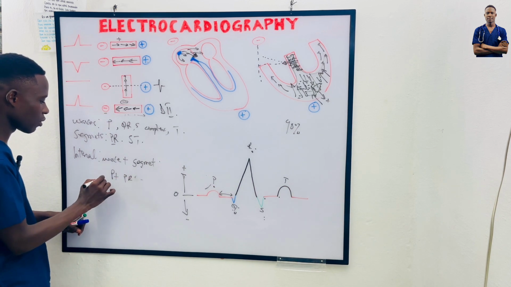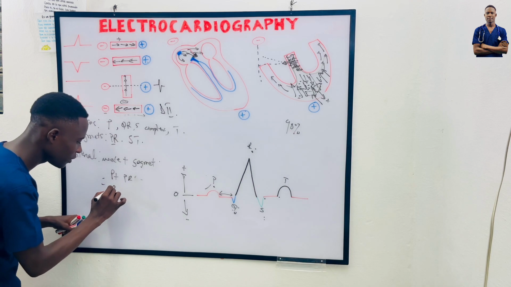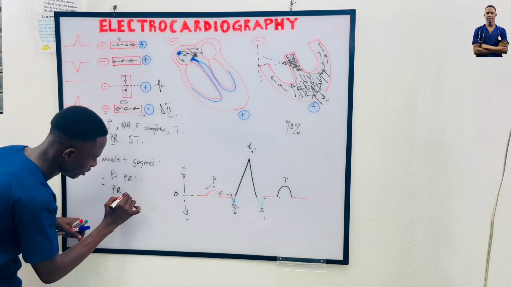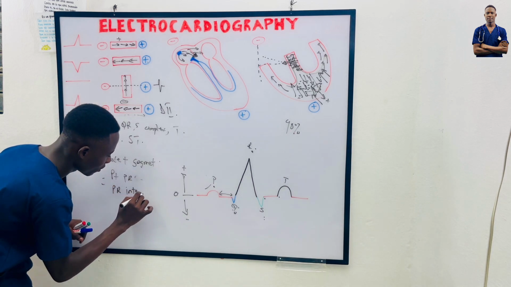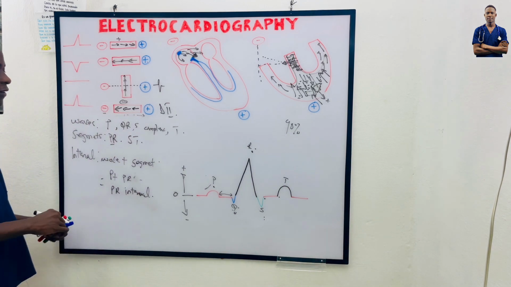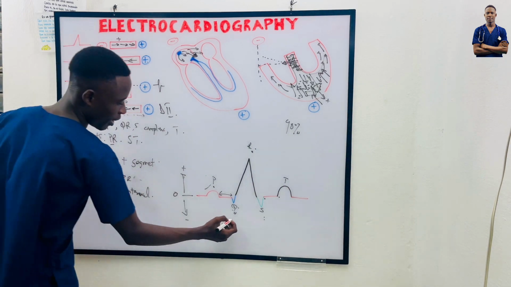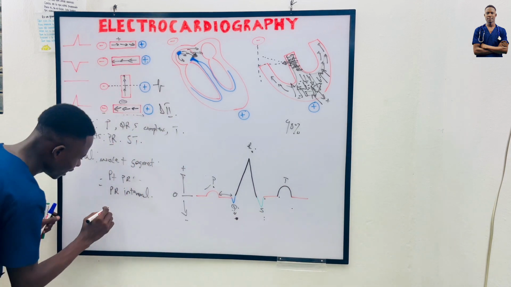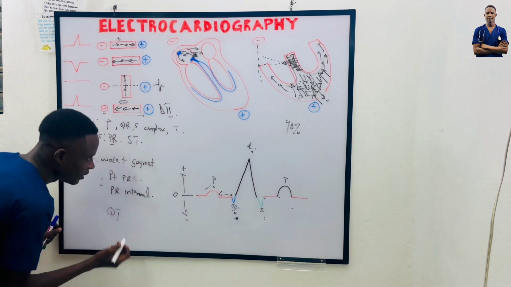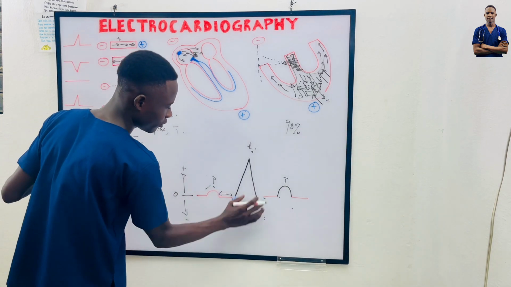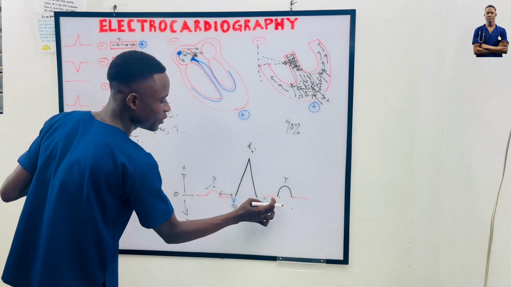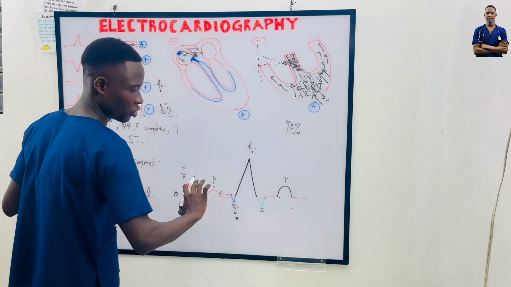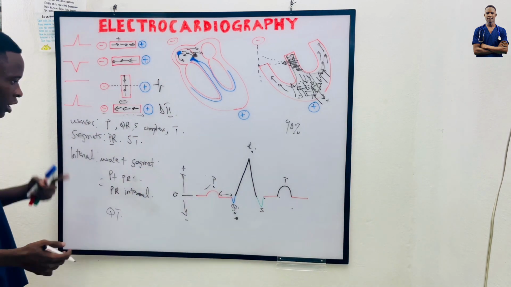So I'll actually get the PR interval. And then I have my Q and my T. I actually get the QT interval. When I have this to be my wave and this to be my segment, my wave.